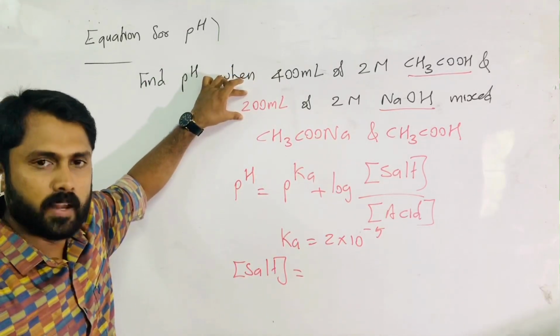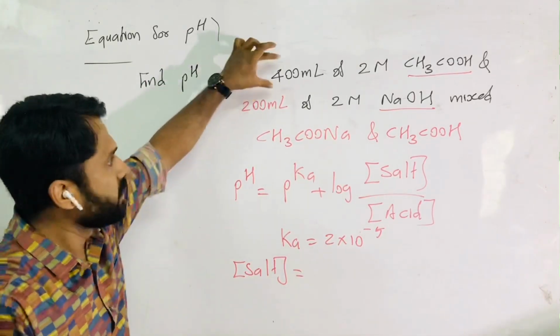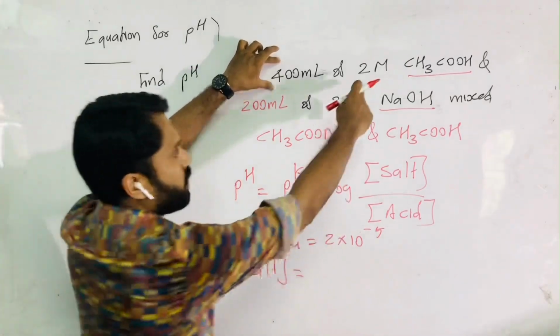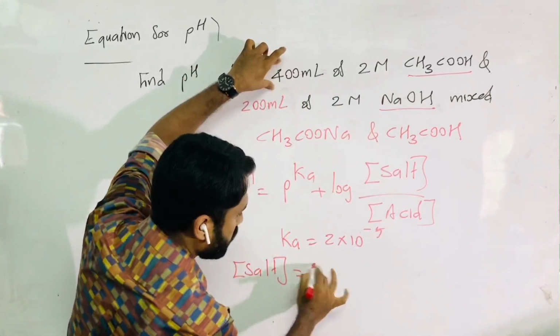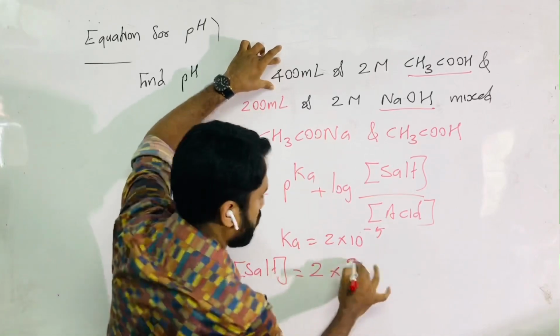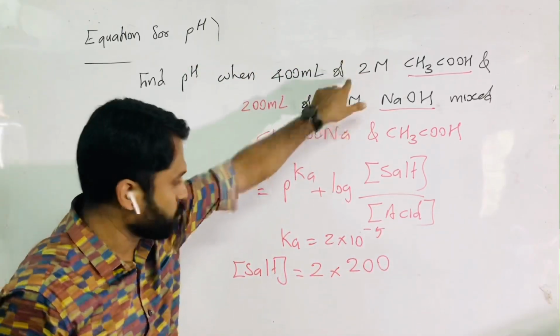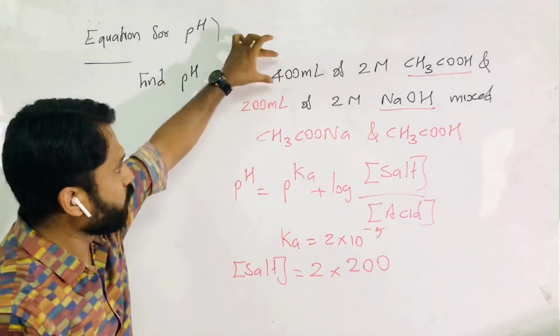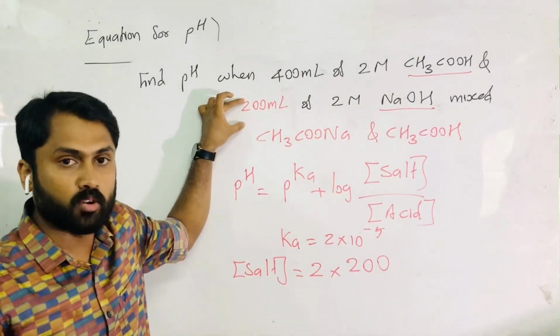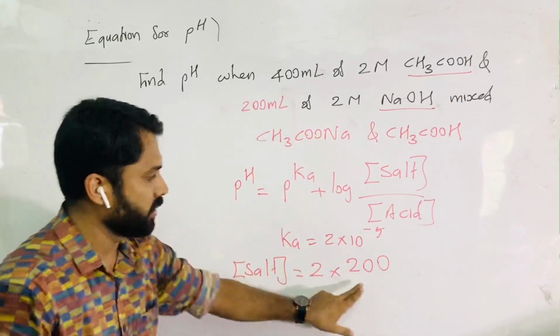How many milliliters will react in this reaction? That is 200 ml. Both are 2 molar, so it is 2 into 200. Why? Both are 2 molar, so the concentration is the same. Of 400 and 200, the one that undergoes complete reaction is 200. It is taken.